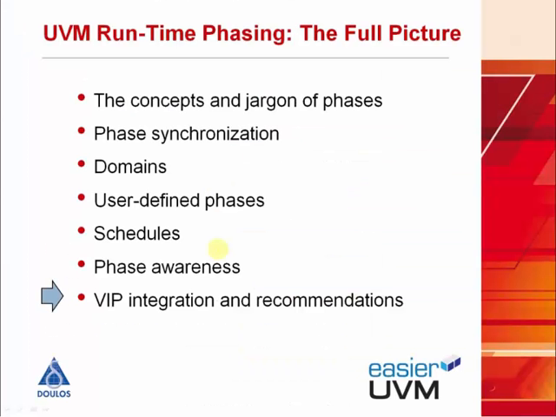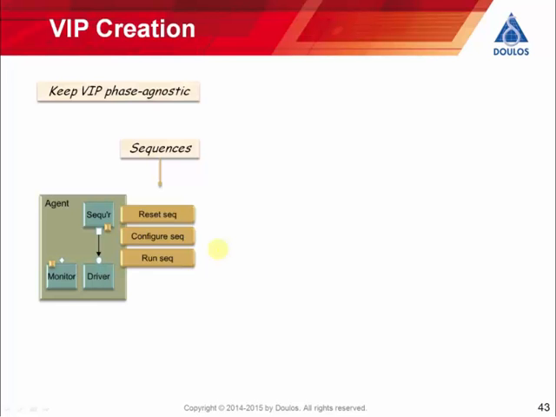So that brings us on finally, in the last few minutes, to VIP integration and recommendations. Our first recommendation is to keep VIP phase agnostic where you can. If you're creating an agent, you might want to define a bunch of sequences to perform actions on that agent, such as a reset sequence, a configure sequence, and a run sequence.